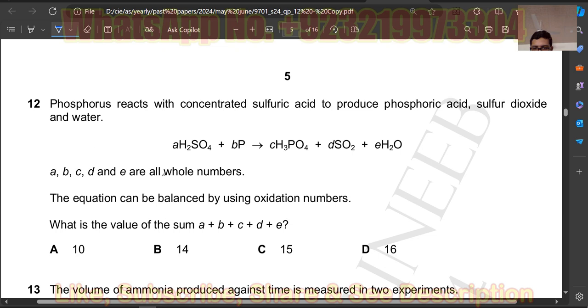First, you should see whether this equation is already balanced or not. What do we see here? First, the rule is that whenever we have a chemical equation in which there are elements other than carbon, hydrogen, and oxygen, then we always look first for those elements to balance. So, in this case, those elements other than carbon, hydrogen, and oxygen are sulfur and phosphorus.